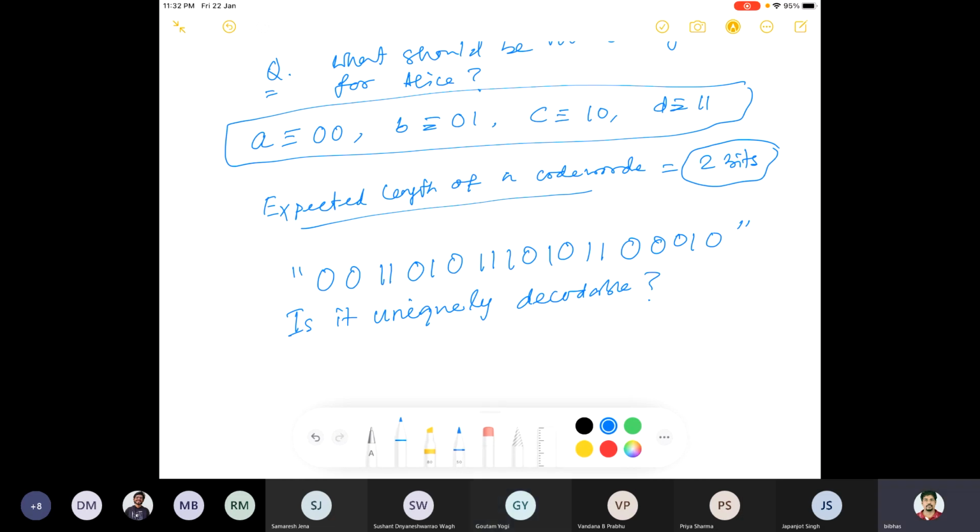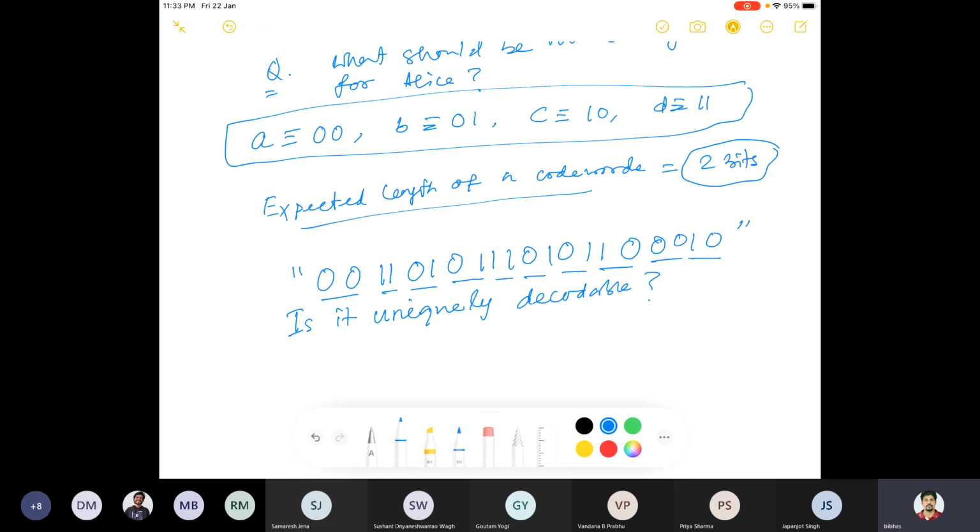Okay. So you are saying 00, then 11, then 01, then 01, then 11, then 01, then 01, then 10, then 00, then 10. Right?